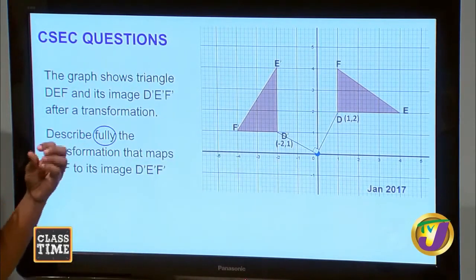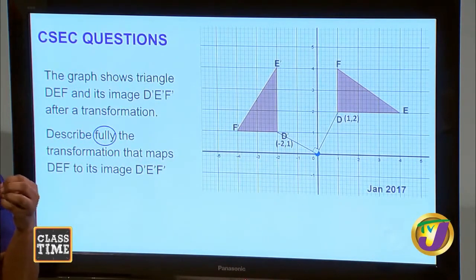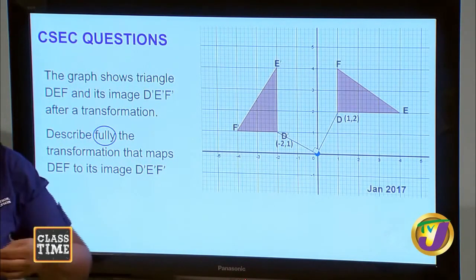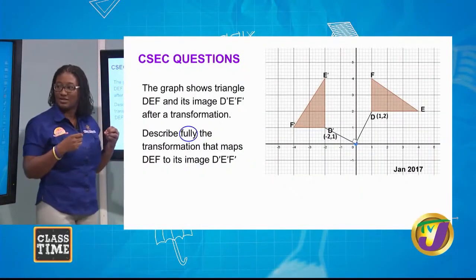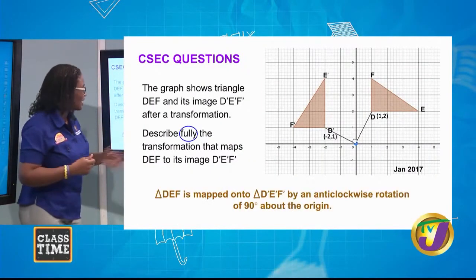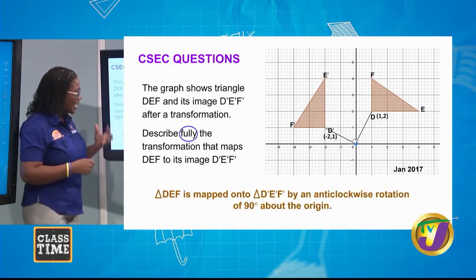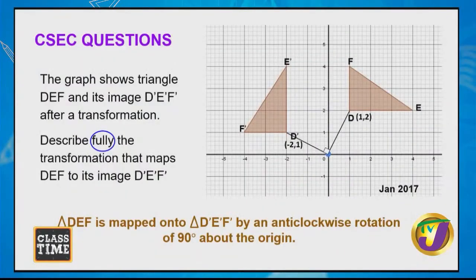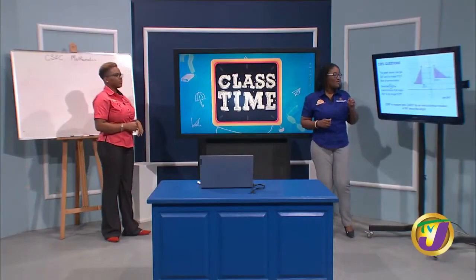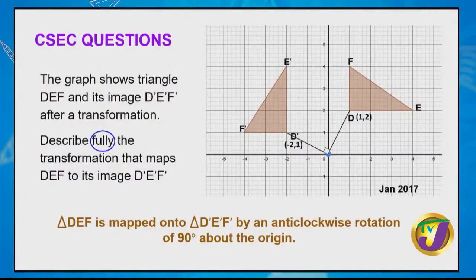So, students, we have given you another strategy to double check your answers. So let's conclude, Latoya. Triangle DEF is mapped onto triangle D prime, E prime, F prime by an anti-clockwise rotation of 90 degrees about the origin.